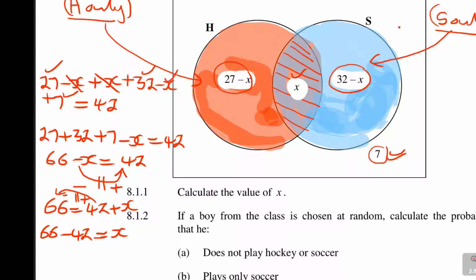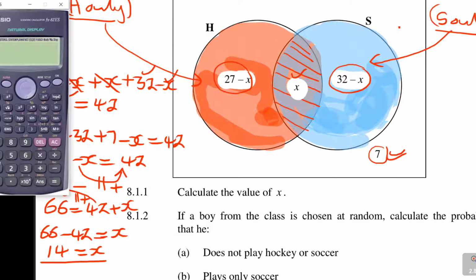In other words, I need to find those who are playing both soccer and hockey. So if I do that, it will be 66 minus 42, I think it's 14, is equal to X. Now if I can just verify that with my calculator.